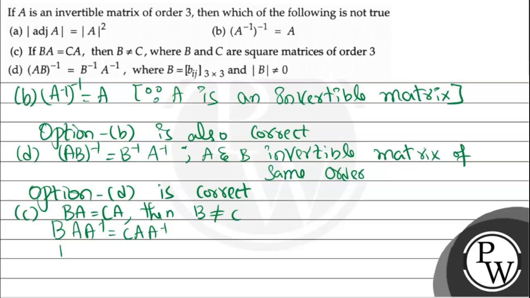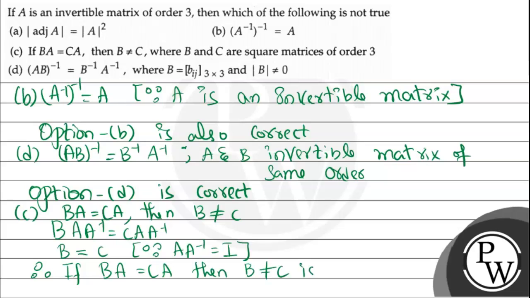From this we can write B equals C, since A A inverse is I. So we got B equals C when BA equals CA, but they mentioned that when BA equals CA, then B is not equal to C. So the statement is not true.